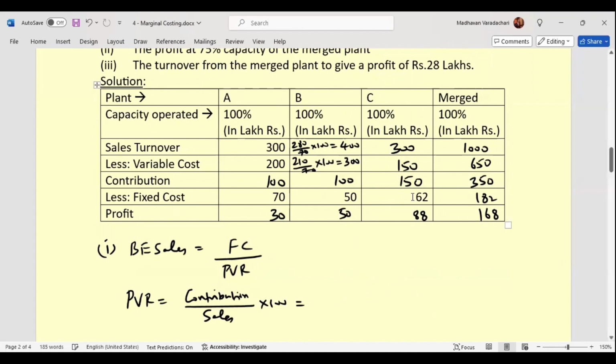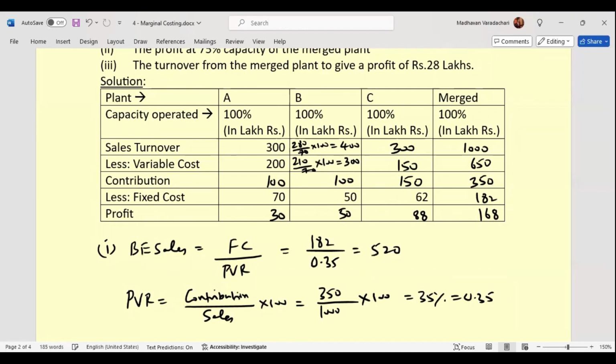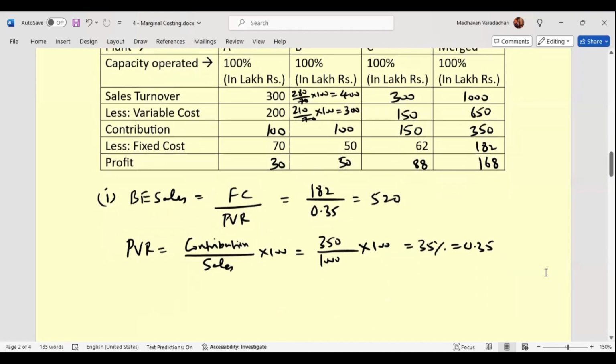So here we calculated contribution as 350. Sales for the merged one is 1000, so it is 35% or 0.35. So here fixed cost is 182 divided by PV ratio 0.35. So if we calculate, we get 520. So that is the break-even sales.